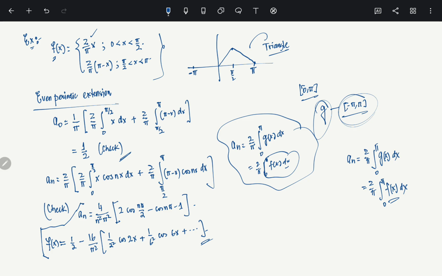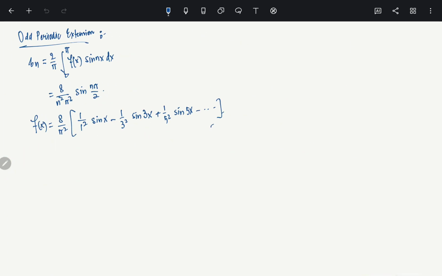This is a different series, but this series converges and the sum is going to be f of x. And similarly in this case, this series converges and the sum is again f of x. So both these series, the sine and the cosine series, determine the exact same function, the Fourier series of the same function, but they just look different in terms of sine or cosine.